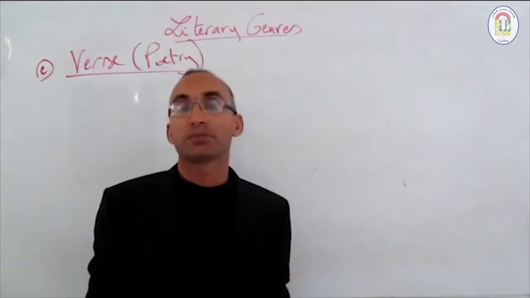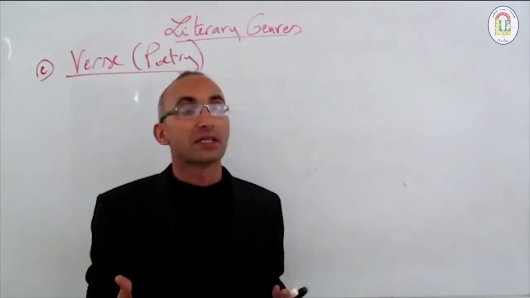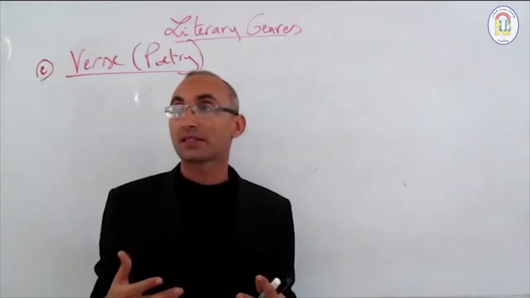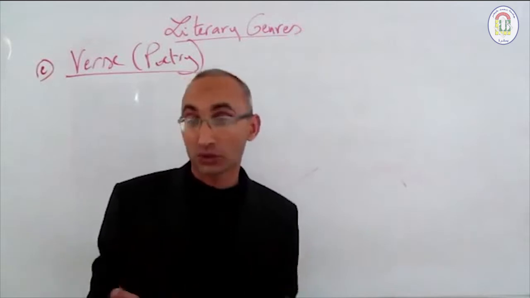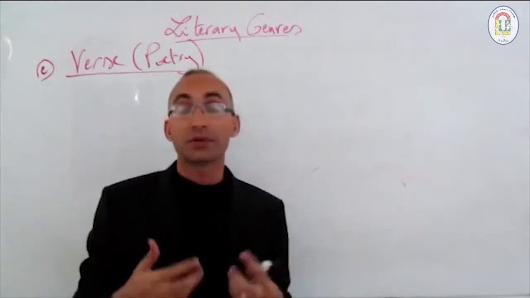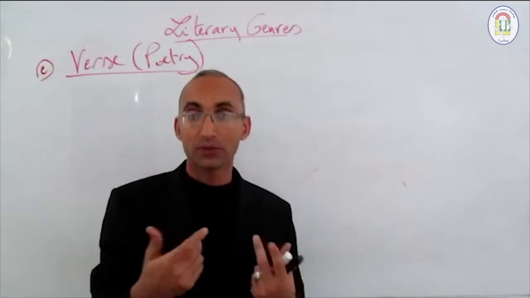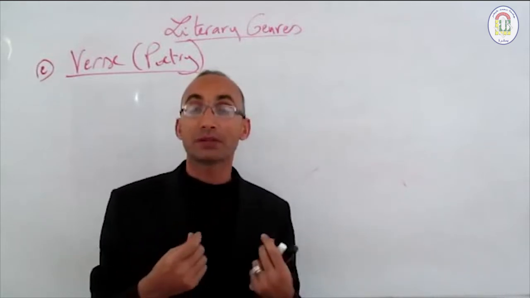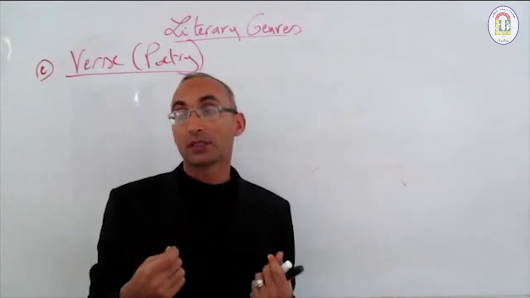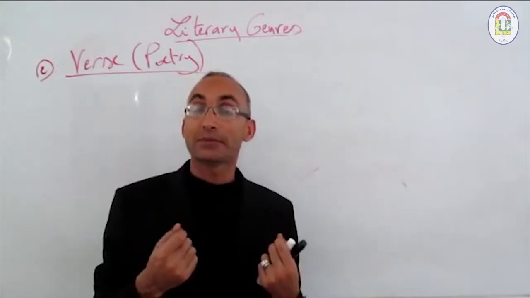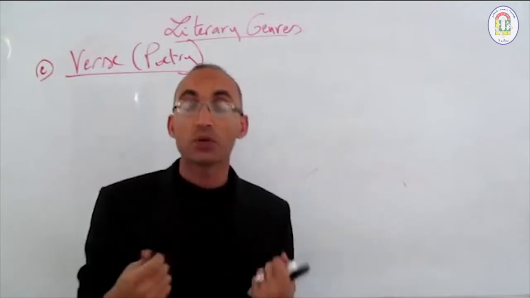If you want to define poetry as a literary term, we can say that it is a form of literary art that uses aesthetic, beautiful, rhythmical, as well as metrical elements and qualities of language to evoke meaning.